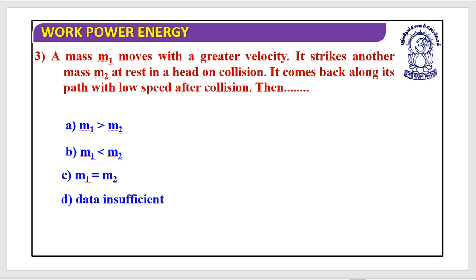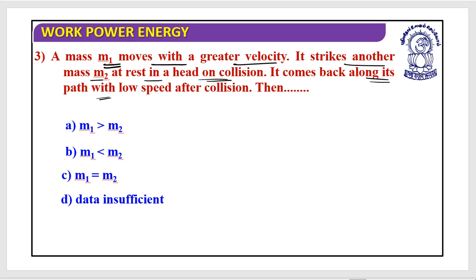It says that a mass m1 moves with a greater velocity and strikes another mass m2 at rest in a head-on collision. It comes back along its path with lower speed after collision.